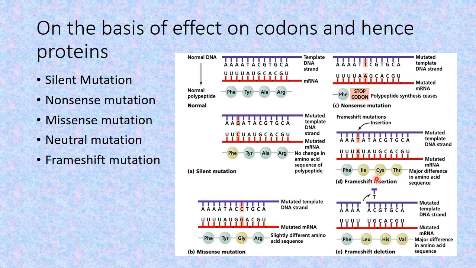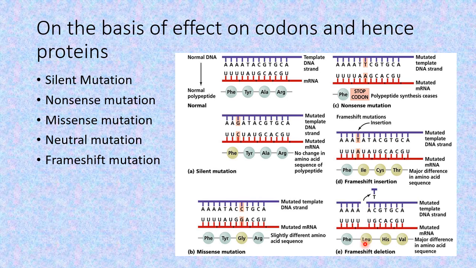And similarly, if a single nucleotide is removed, in that case also, initially the codon that was being read was UAU and it was coding for tyrosine, and the other consecutive nucleotides were forming the other triplet codes.